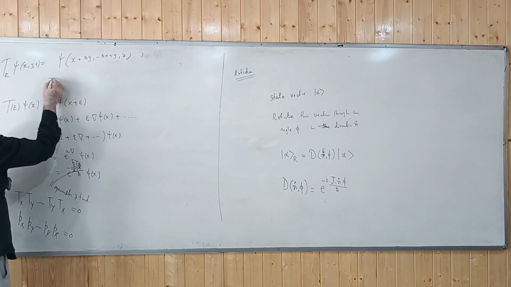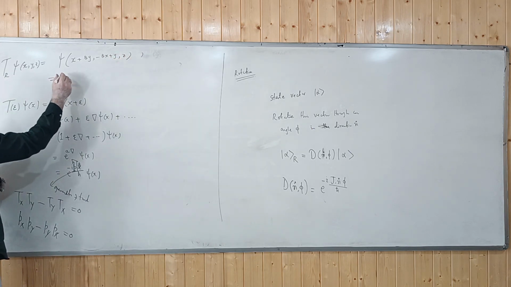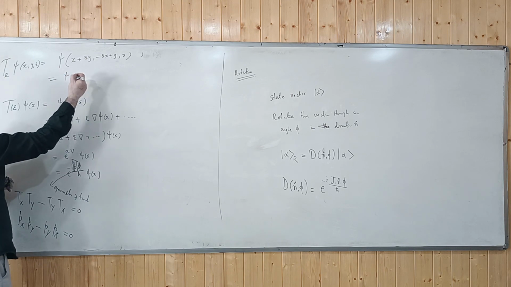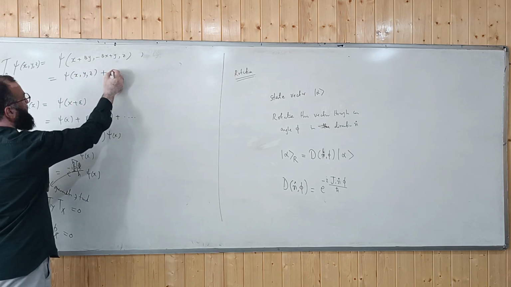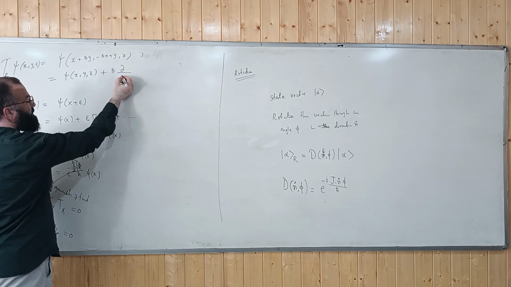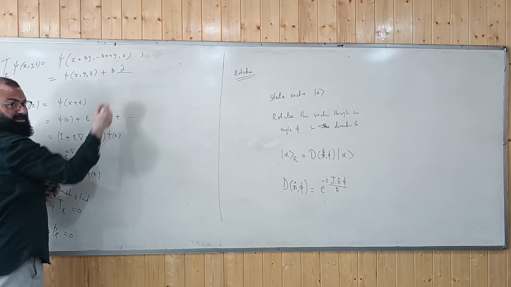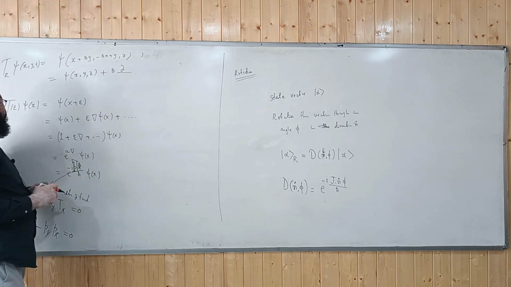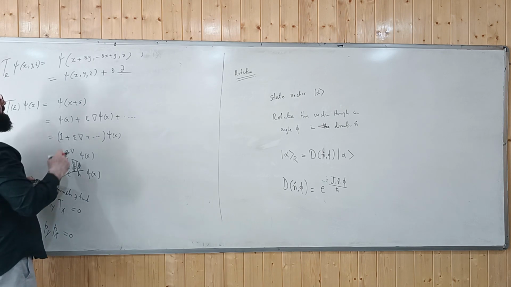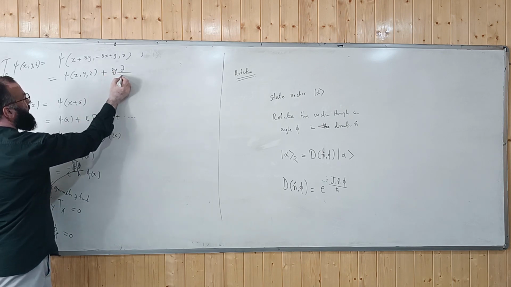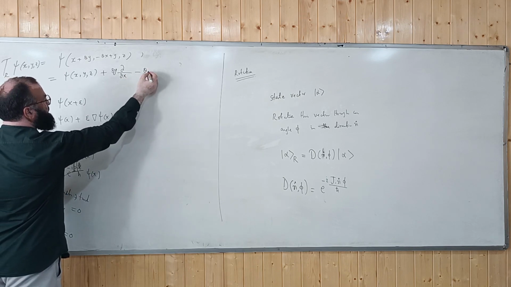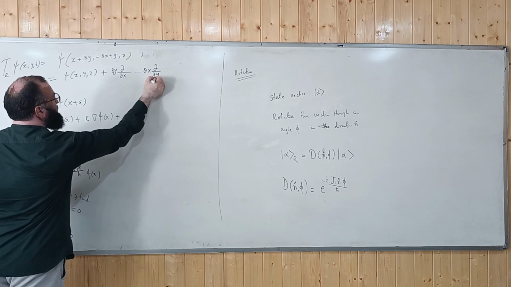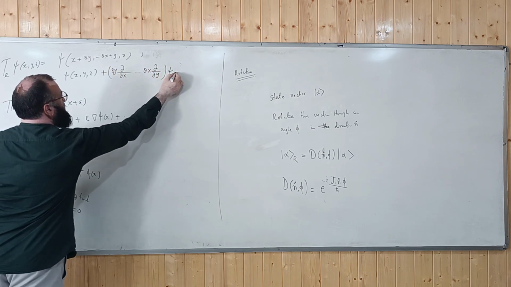Clear? So now you expand it about x, y, z. Then what will you have? You will have theta y partial by partial x, then minus theta x partial by partial y, psi plus so on.